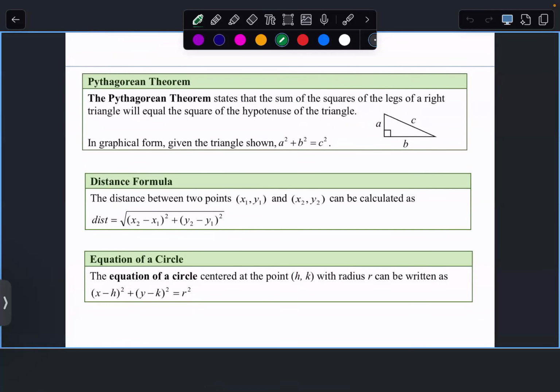I also gave you the Pythagorean theorem, the distance formula, and finally the equation of a circle. I suspect you'll only need the equation of a circle, but it might be nice to have the others. Mostly because I suspect that you already know the Pythagorean theorem, but if you're blanking.